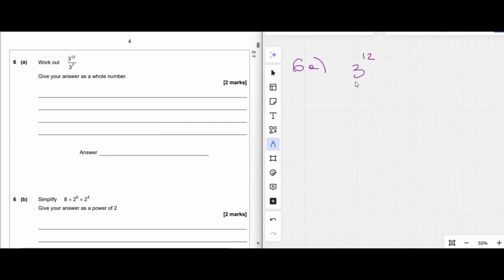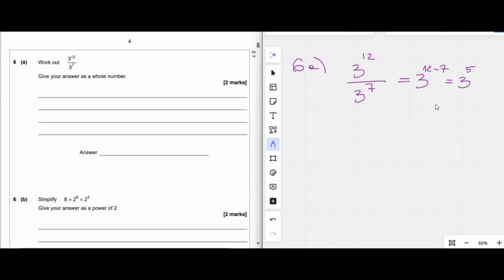Three to the power 12 over 3 to the power 7. What should we do with powers? 12 minus 7. Yes, exactly. With division, we are subtracting the powers. So we have 3 to the power 5, and we should now calculate this.